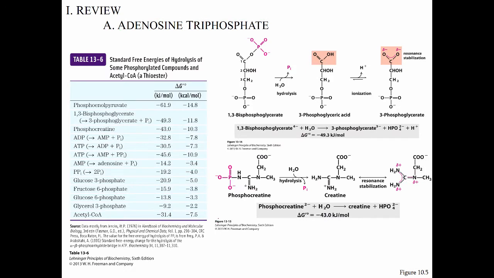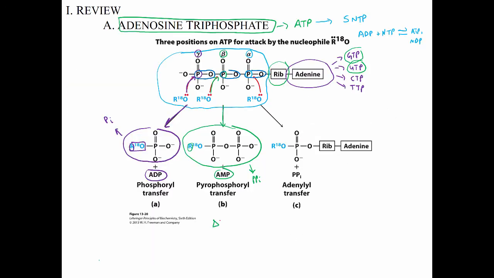Delta G for this reaction, at standard conditions, is equal to negative 45 kilojoules per mole. For this reaction over here, the delta G is equal to negative 30.5 kilojoules per mole. So there's an energetic difference.